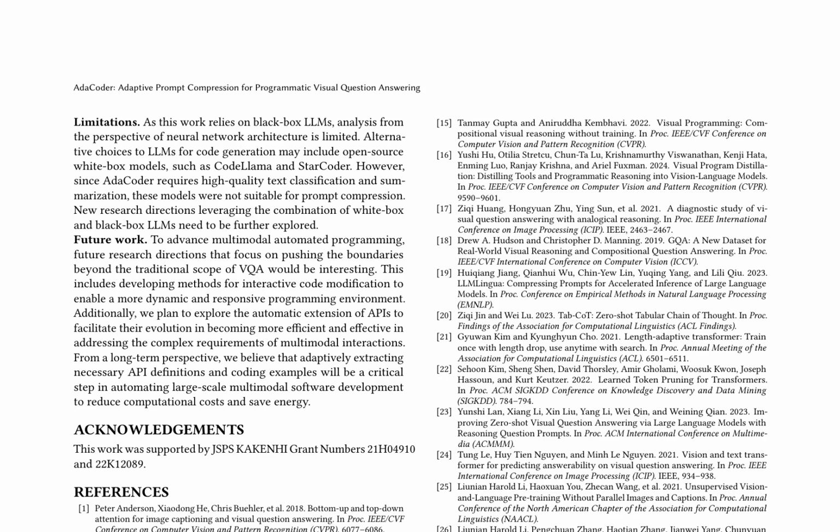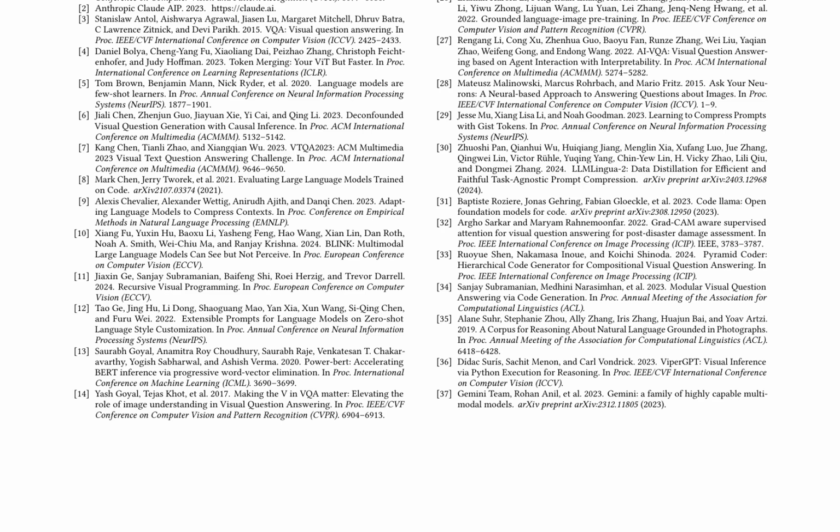To advance multimodal automated programming, several future research directions are proposed. One direction involves developing methods for interactive code modification, enabling a more dynamic and responsive programming environment. Another direction is to explore the automatic extension of APIs, facilitating their evolution to become more efficient and effective in addressing complex requirements of multimodal interactions.